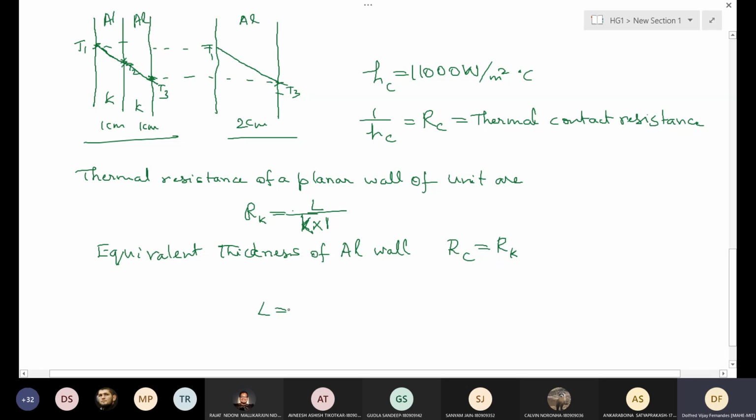So L equal to 1 by h_C into K, or K by h_C. So you can write this is 237 divided by 11,000.